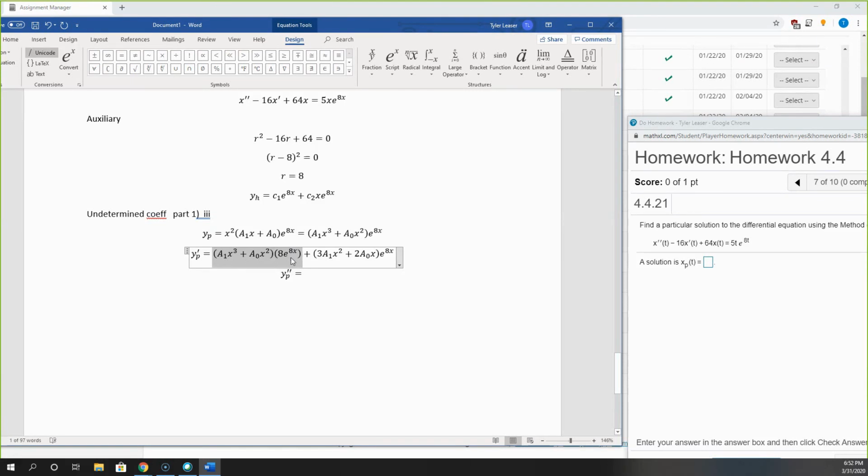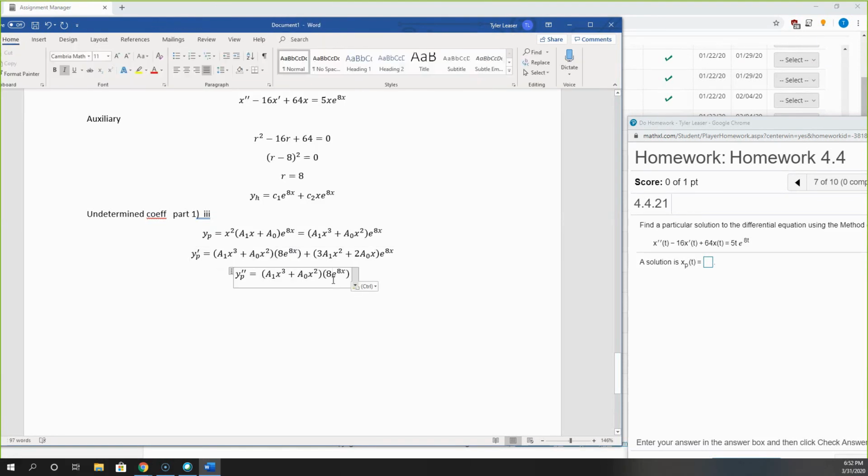First through to the second, second through to the first. So the first, just copied it. Derivative of the second is going to bring another 8 down, so it's going to be 64 e to the 8x plus the second derivative of the first.